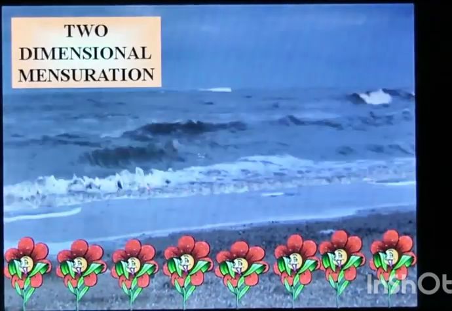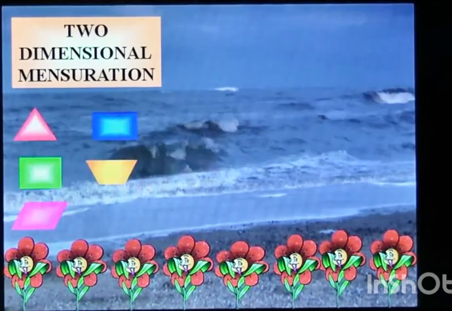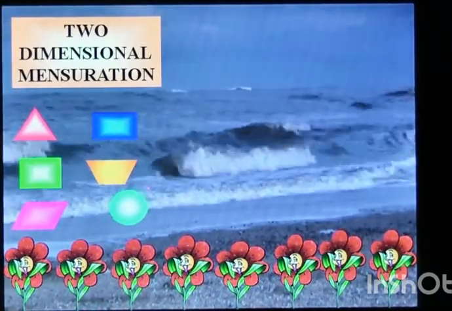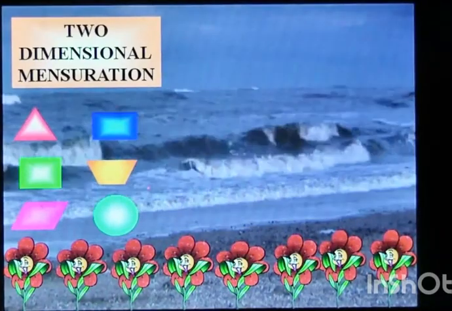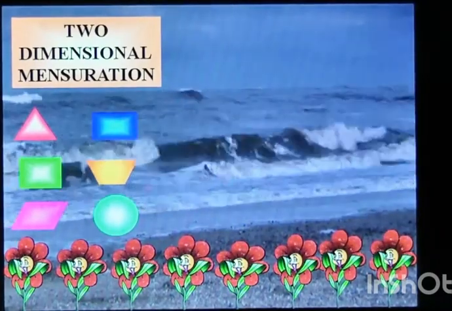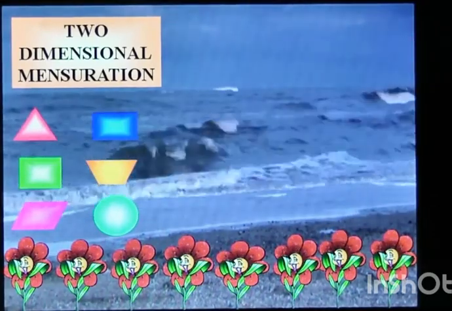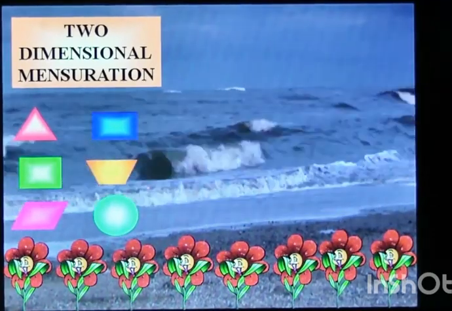Well, in two-dimensional mensuration we have different figures. You can see there's triangle, square, rectangle, trapezium, parallelogram, this kind of four figures including circle.